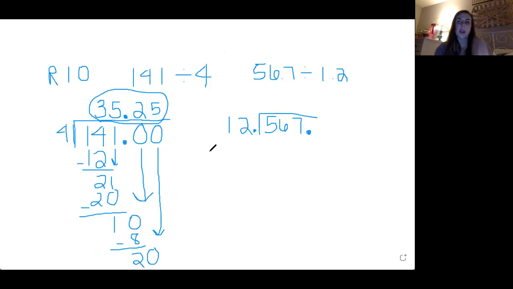Okay, so now we have 12, does not go into 5, does go into 56. How many times does 12 go into 56? 4 times. 12 times 4 is 48. Subtract.